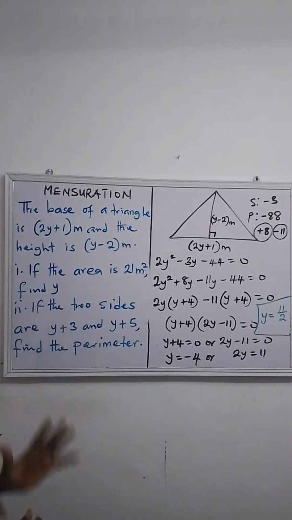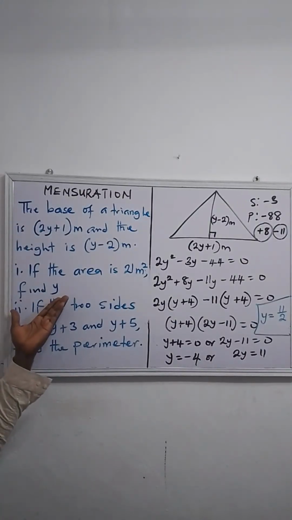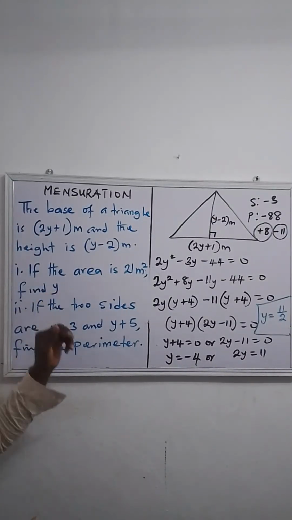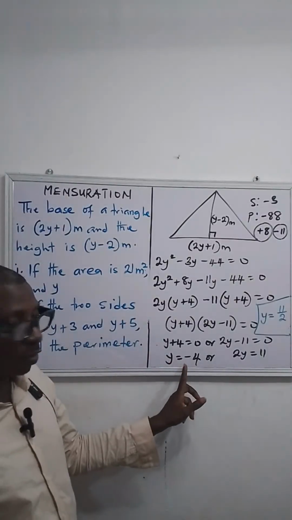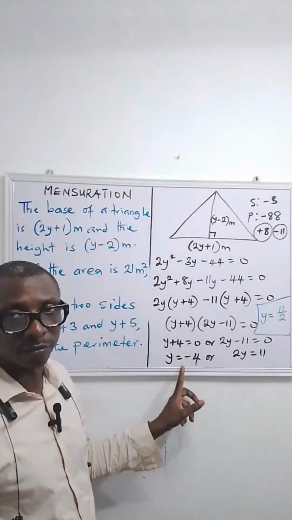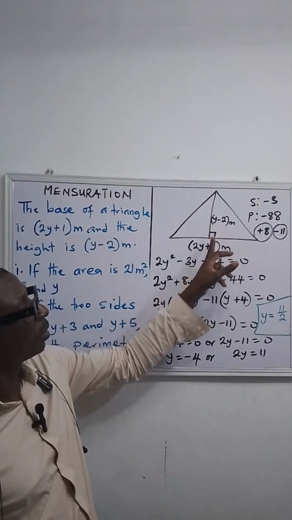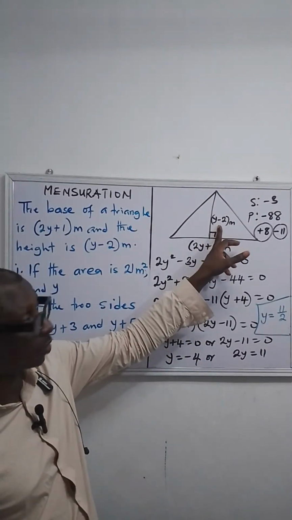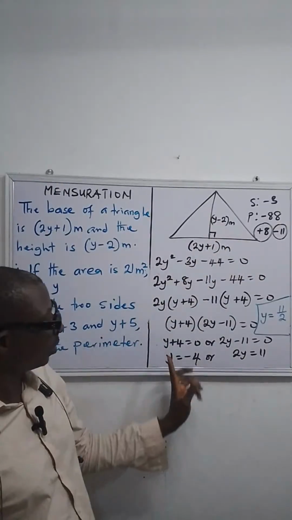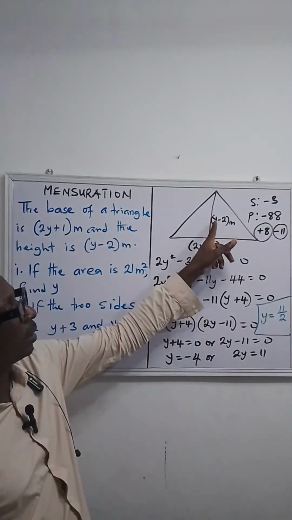Okay, which one now is the true value of y? When you look at the first one, y equals negative 4, if you input this into the expression given here, let's input negative 4 here.